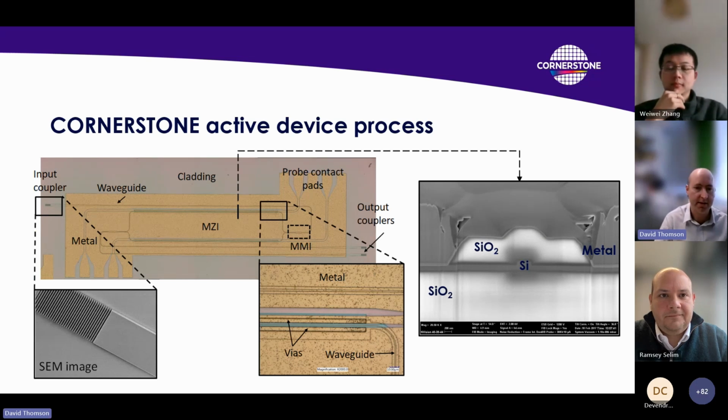So this is a Mach-Zehnder interferometer modulator with carrier depletion phase modulators incorporated in the 2 arms. So you can see an SEM image of the grating coupler, and then a cross-sectional SEM image on the right-hand side showing the modulator region, where we have our rib waveguide and then metal contacts to the 2 sides.